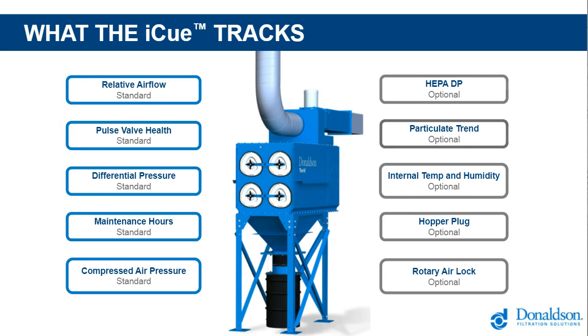Then we can also measure, depending on the application, the internal temperature and humidity. We talked also about keeping the hopper clean and free-flowing underneath the collector. So we've got a measurement there for the hopper plug to make sure we know that the base of the hopper is clear and it's got free-flowing material. And then if something like a rotary valve or screw conveyor is fitted, then monitoring that the rotary valve or screw conveyor or airlock system is in operation.